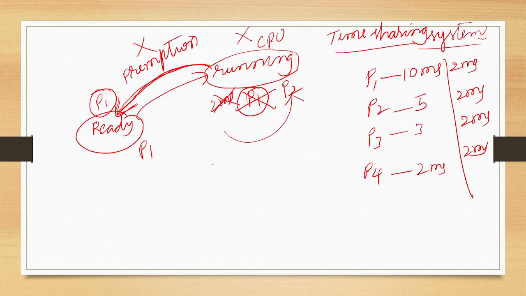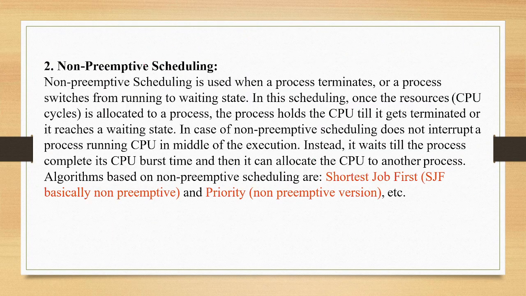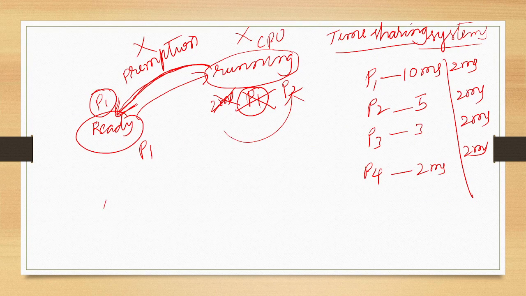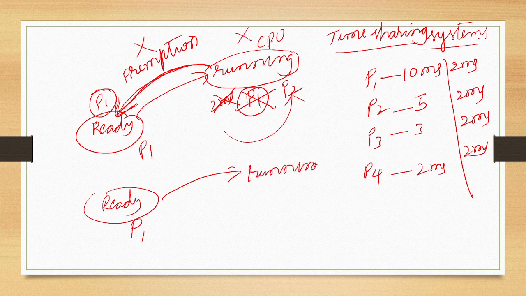And the next one is non-preemptive. What is non-preemptive? Non-preemptive scheduling is used when a process terminates or a process switches from running to waiting state. Here, once we have allocated the CPU, we cannot remove it. Process P1 goes from ready state to running state. Suppose P1 has 100 milliseconds of CPU time.